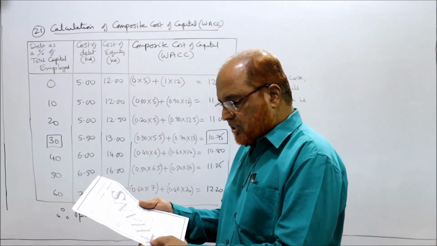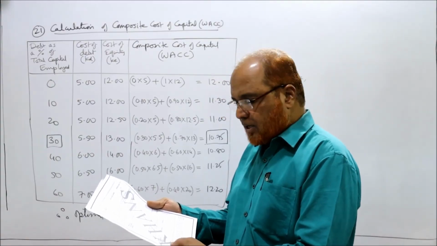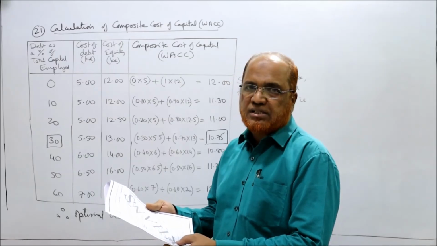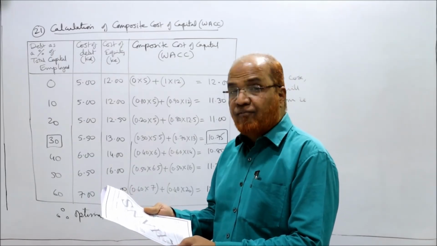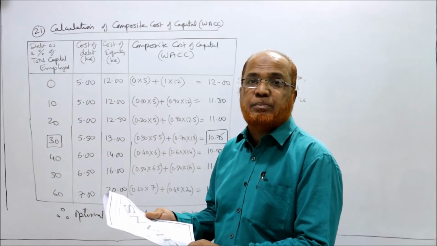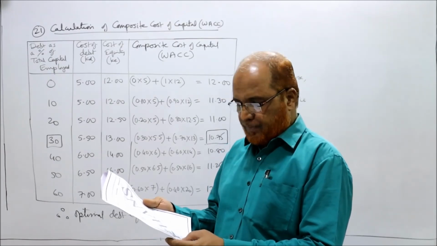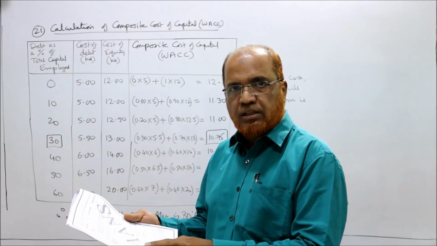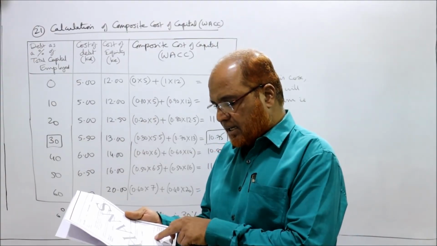Now also it is given 0, 20, 40, 50, 60. 0% debt का मतलब 100% equity. 20% debt 80% equity. 40% debt 60% equity. 50-50. 60% debt तो 40% equity. ये proportion दे दिया और KD दे दिया, KE दे दिया.